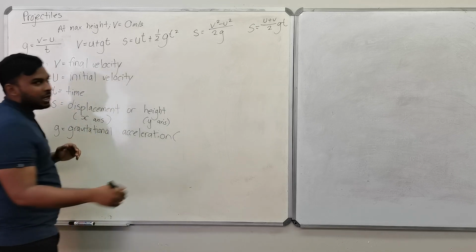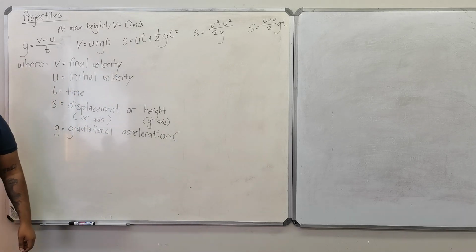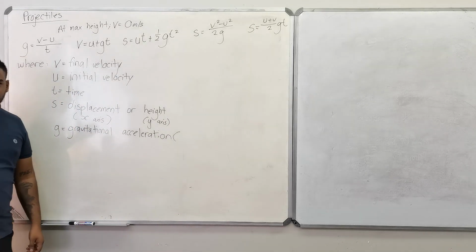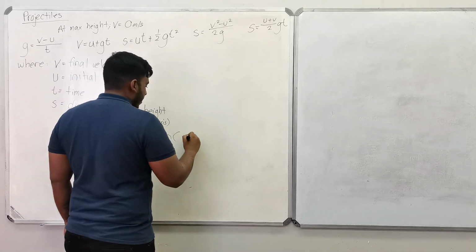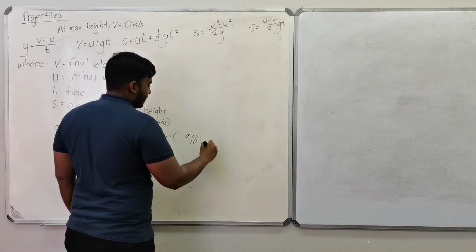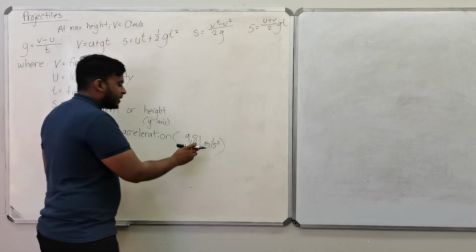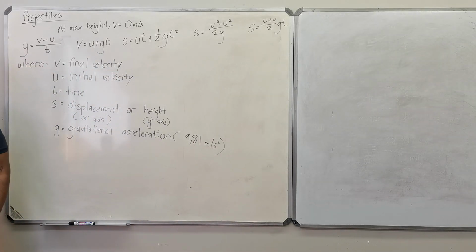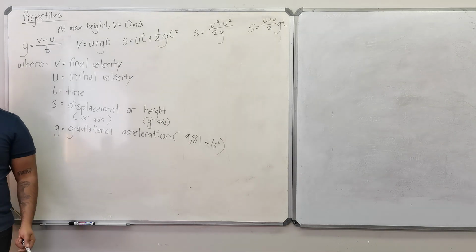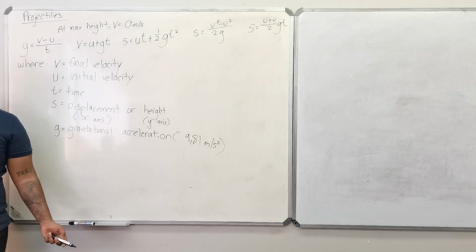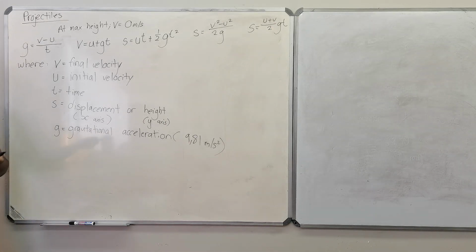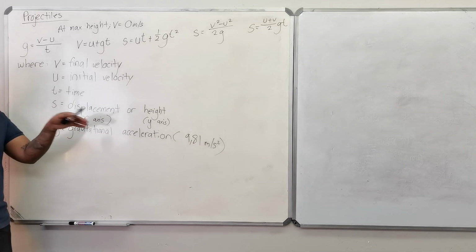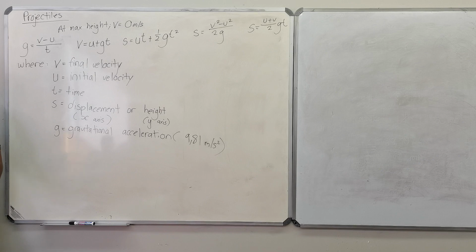Who knows the value of gravitational acceleration? 9.81. But remember, this value is applicable depending on how you're taking your directions, because gravity acts in what direction? Down. If you took up as positive in your question, what would be the value of your gravitational acceleration? Minus 9.81. Don't confuse yourself with that.